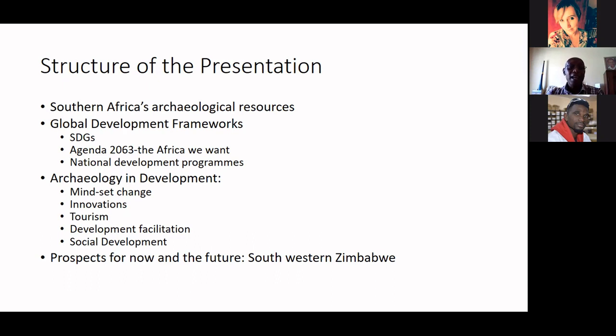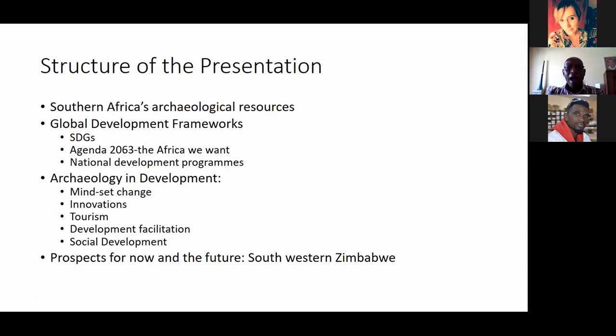And then finally, I will reflect on the future, especially looking at southwestern Zimbabwe, where I've spent a great deal of time researching, and also in the adjoining regions in Botswana and South Africa.